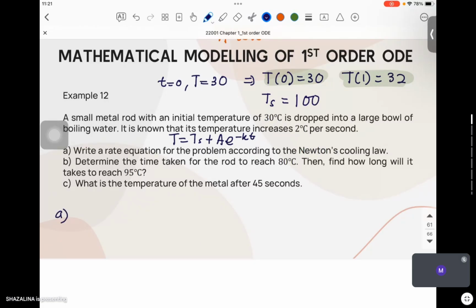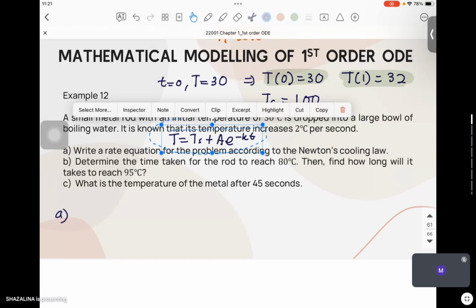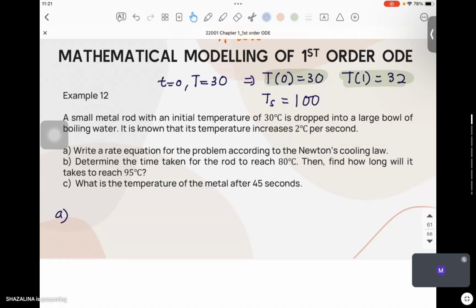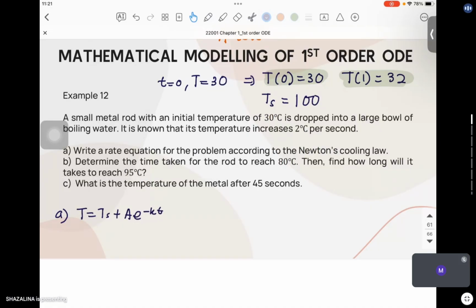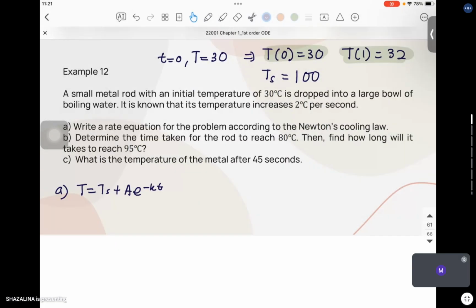So, salin balik. Now we want to substitute Ts. Our Ts here is 100. Okay. We want to consider the first condition here.